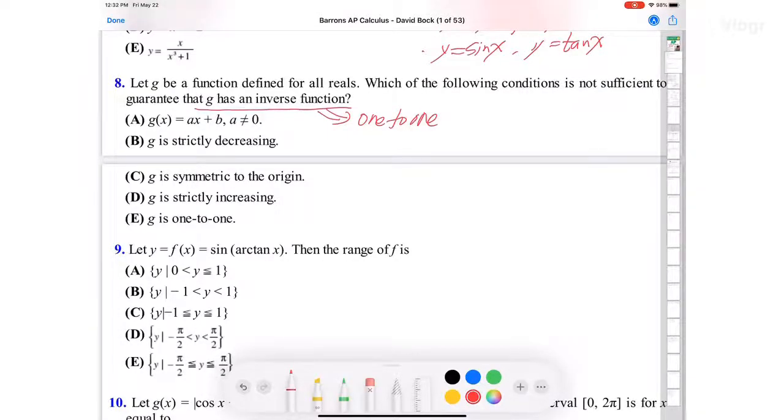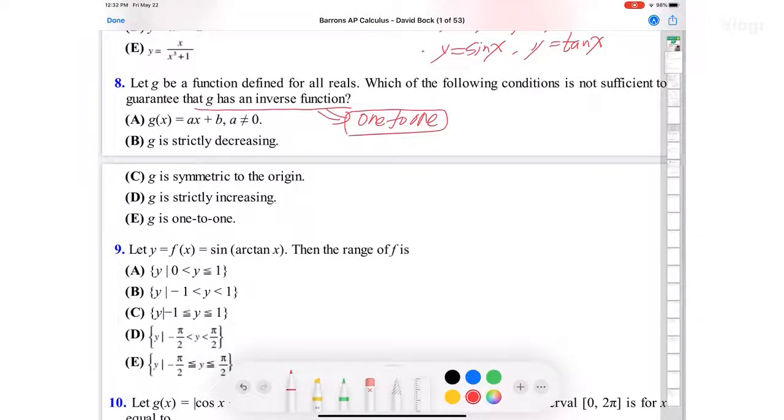So we're going to use the vertical line test or horizontal line test, right? The vertical line test is used to tell whether a given graph is a function graph or not. Sometimes you can use a horizontal line test to know whether a function's inverse is a function or not.